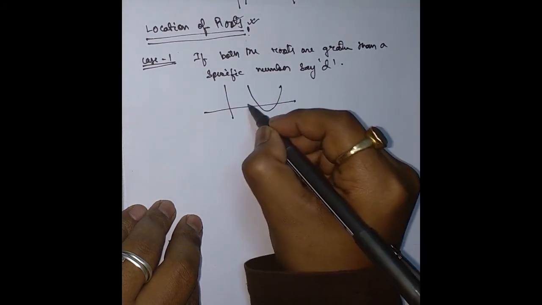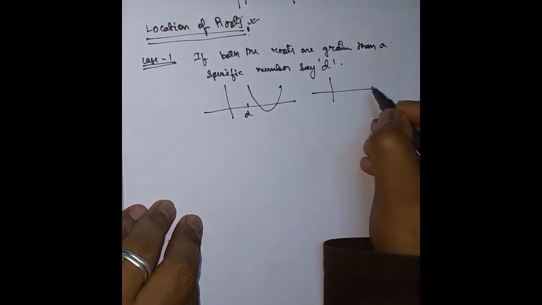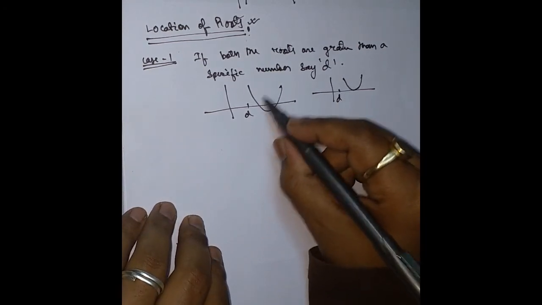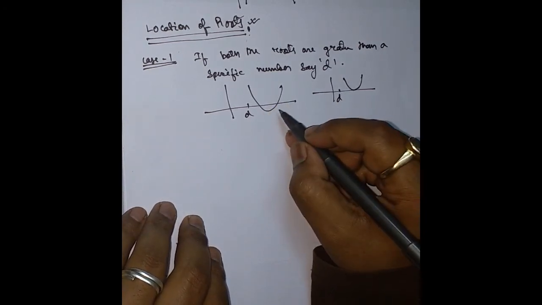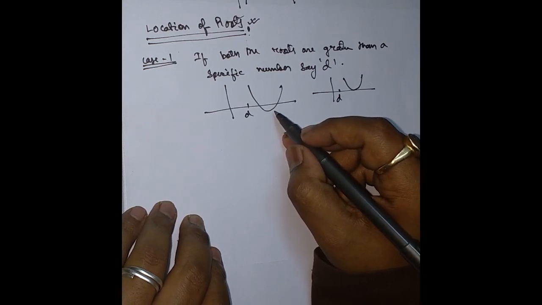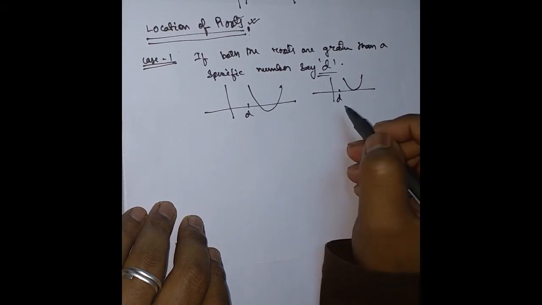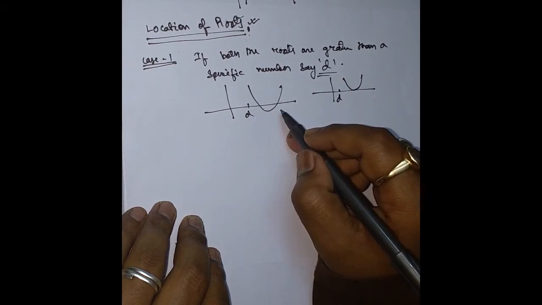It will look like this. It is d, or it can be a visible one. We are not taking the case where the discriminant is less than 0, because where it is less than 0 the roots are imaginary and there is no question of having any real root which is less than an imaginary number.